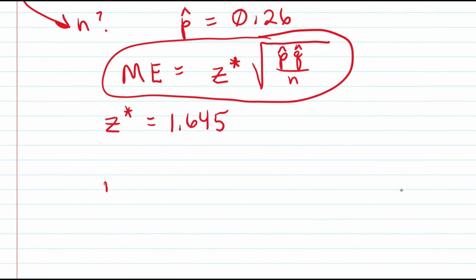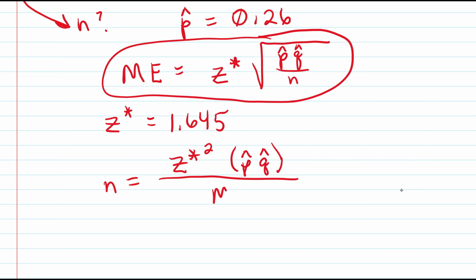I won't go through that right now, but if you go through the algebra, you should come up with n equals Z asterisk, right, to the second, times p hat times q hat all over ME, and this is squared.